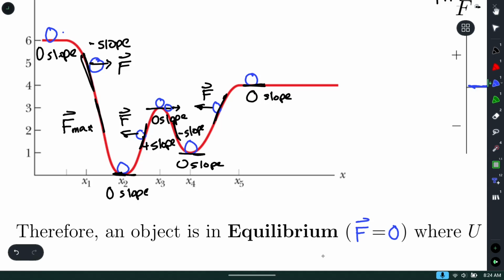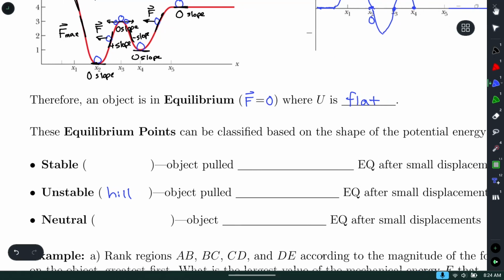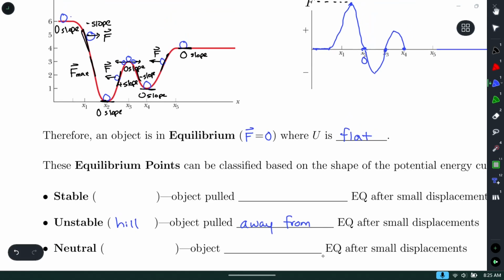And if I displace it just a tiny bit to the left, it'll feel a force to the left. In either case, it's being yanked away from the equilibrium point. So we would classify this as an unstable equilibrium.